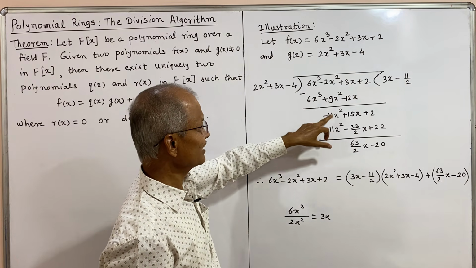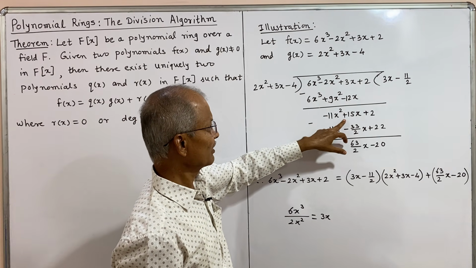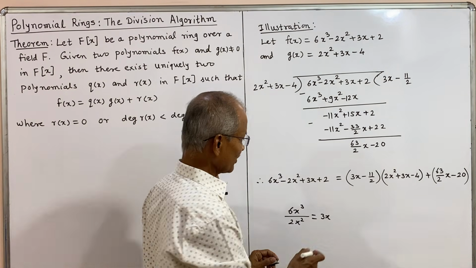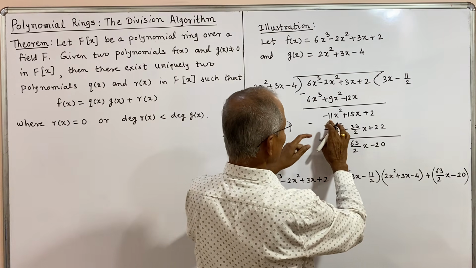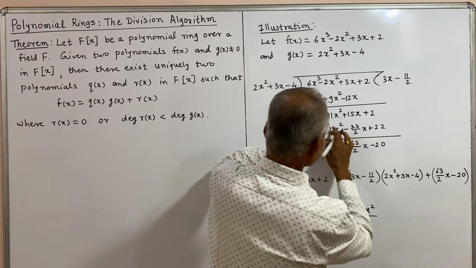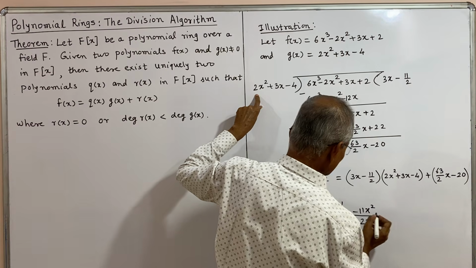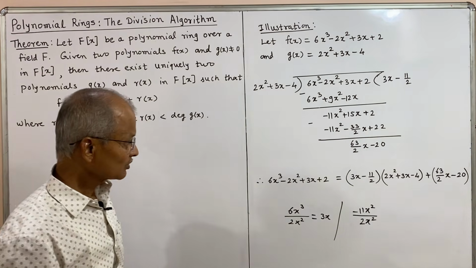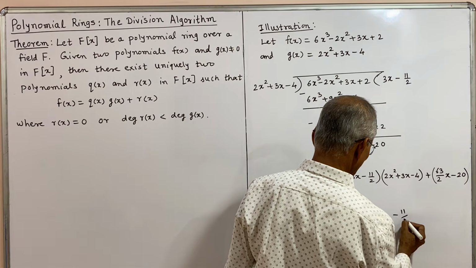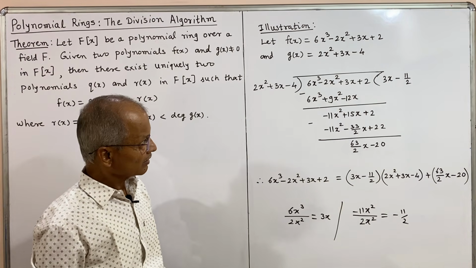Minus 2 minus 9 is minus 11x^2, 3 plus 12 is 15x, and the 2 is brought down. Now for the next term of the quotient: here it is minus 11x^2, and the first term in the divisor is 2x^2. So the division gives minus 11 by 2, which is taken as the second term in the quotient.